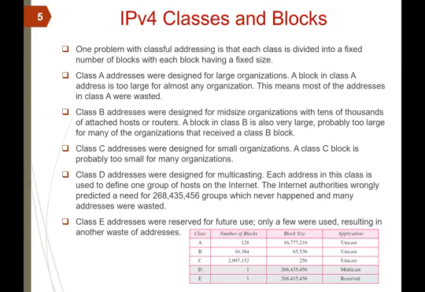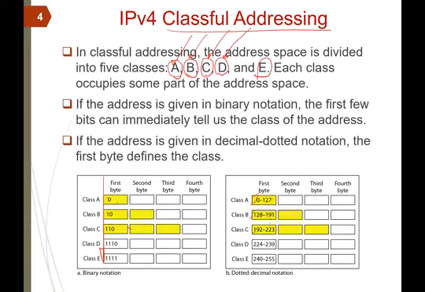The problem with classful addressing is that each class is divided into a fixed number of blocks. You see here, in class A, we use the first byte for network address, we call it net ID, and the 3 other bytes for host ID.